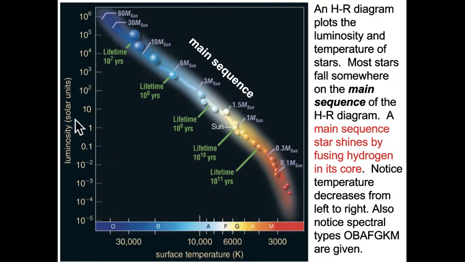Here, when it says solar units, 1 means equal to the solar luminosity, or our sun's luminosity. 10 to the 4 means 10,000 times our sun's luminosity. 10 to the negative 4 means 1 part in 10,000 of our sun's luminosity.